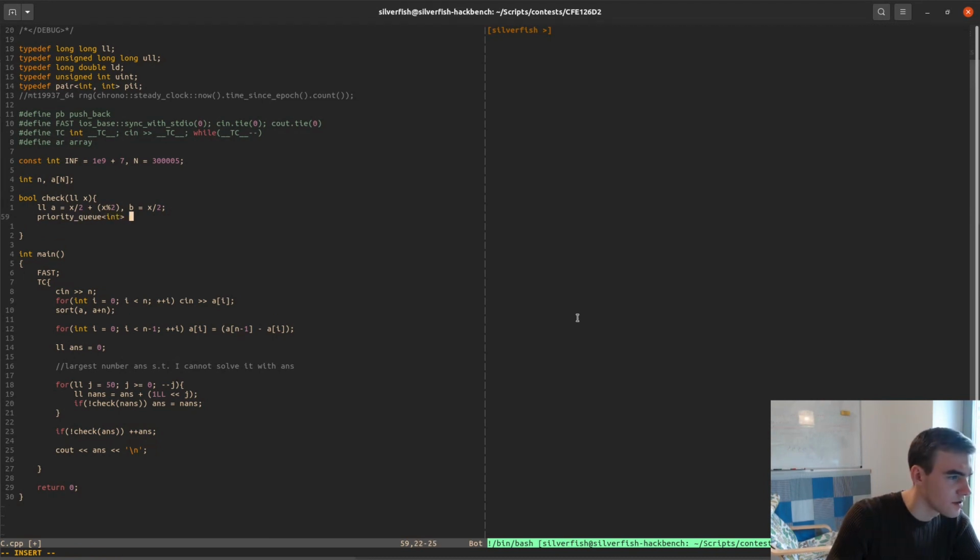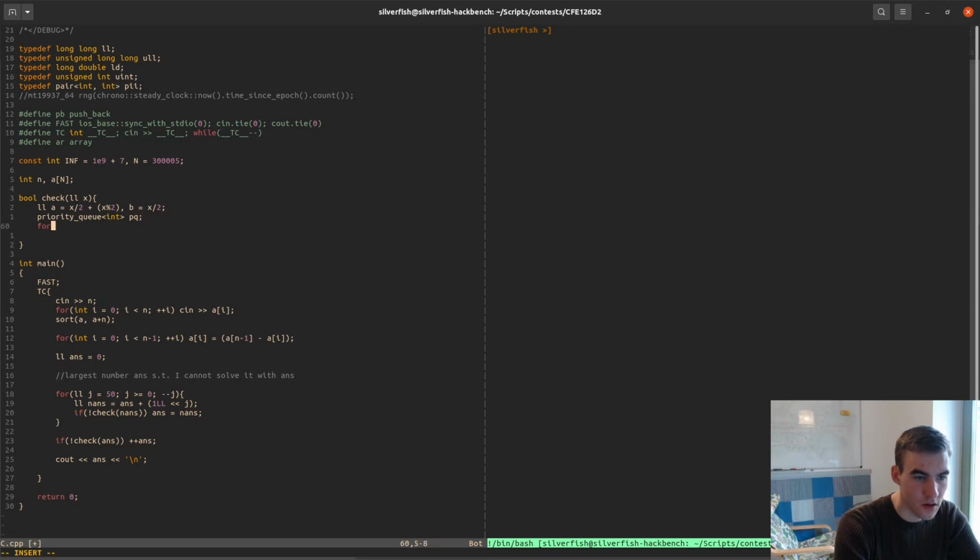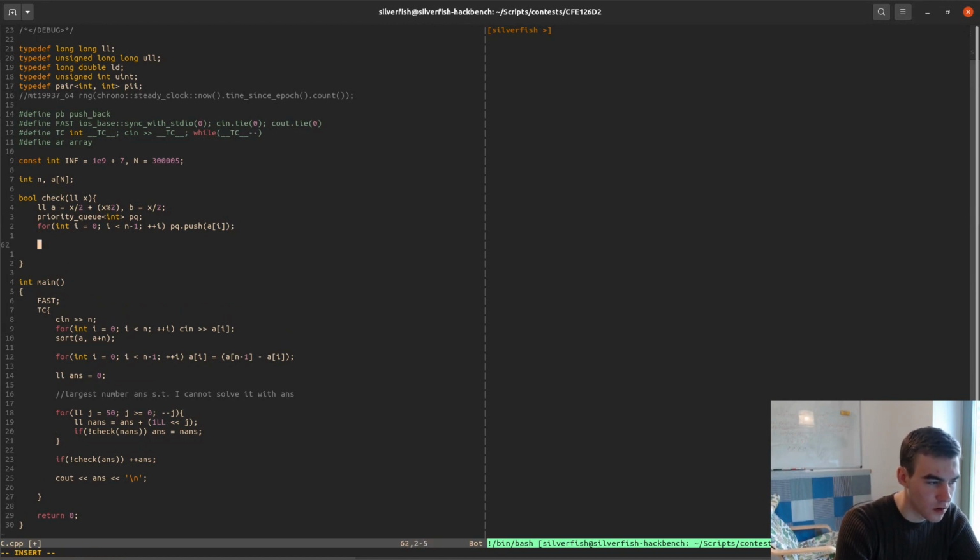It doesn't really matter, but I don't think that the log factor will really count here. And implementation wise, it's a bit more neat. PQ push, while PQ size and PQ top is bigger than or equal to 2.